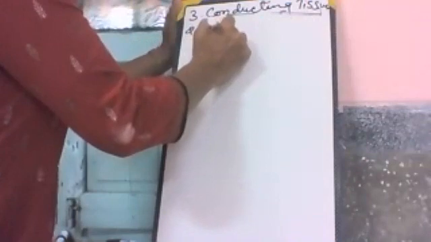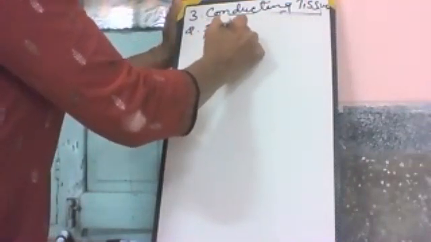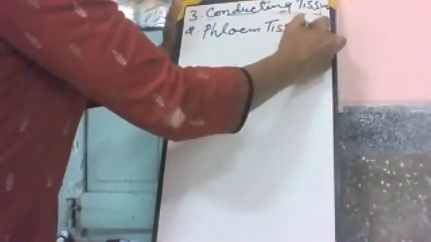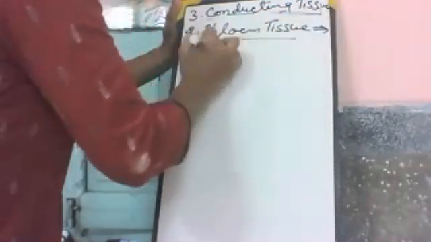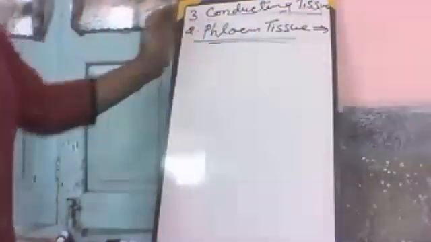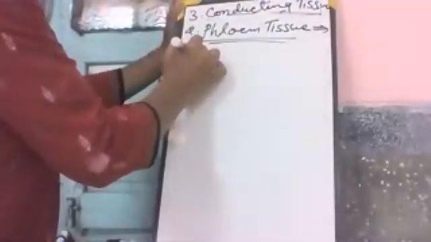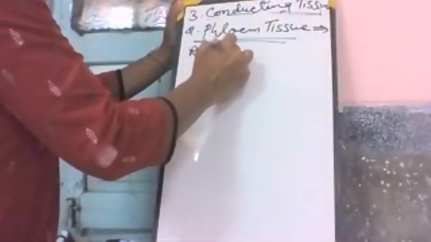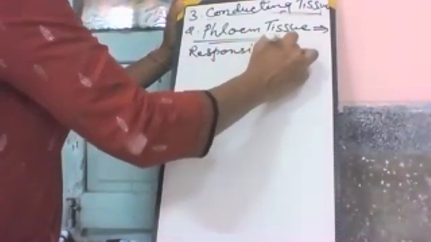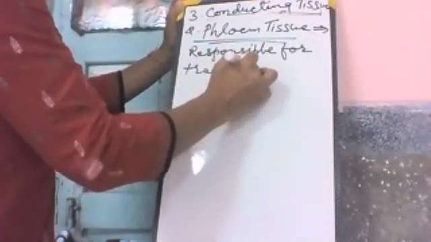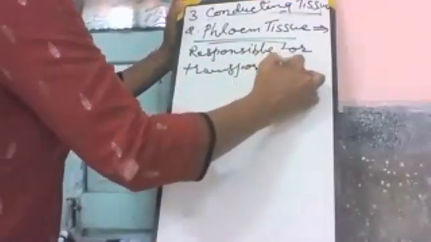The other part of conductive tissue is phloem tissue. It is also made up of four types of cells. It provides passage for the downward movement of food, and is responsible for transporting food.